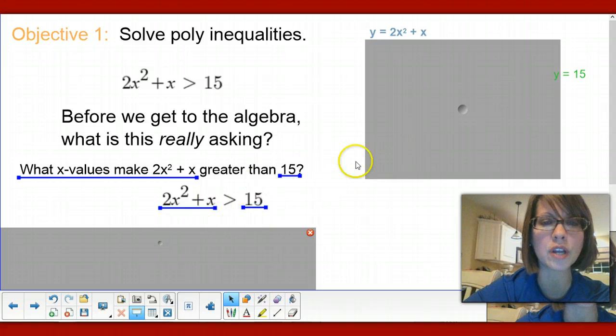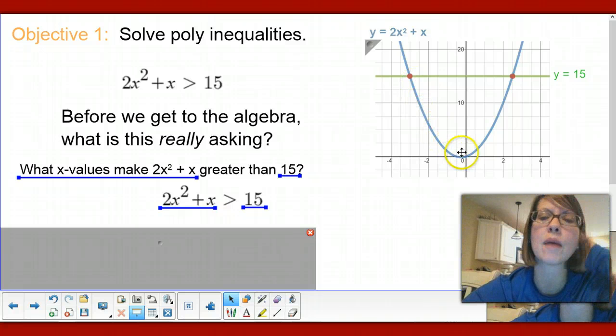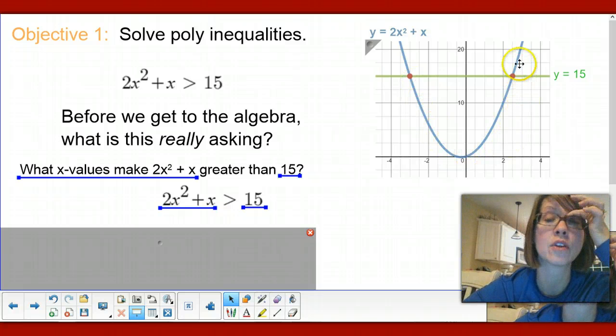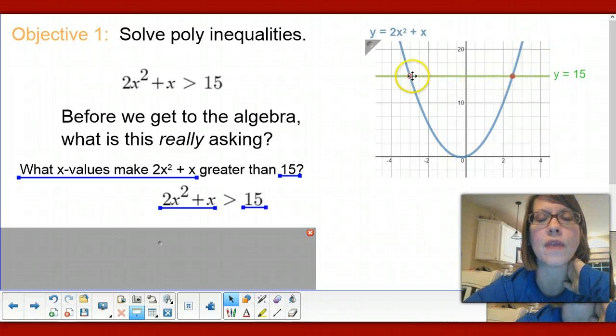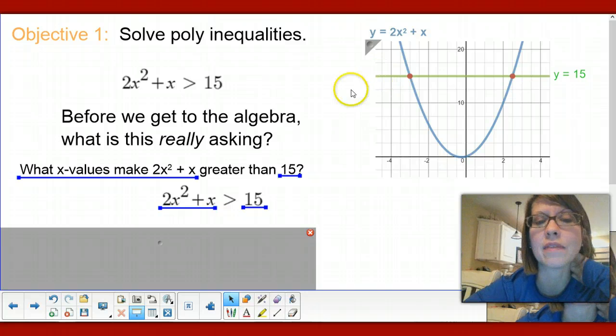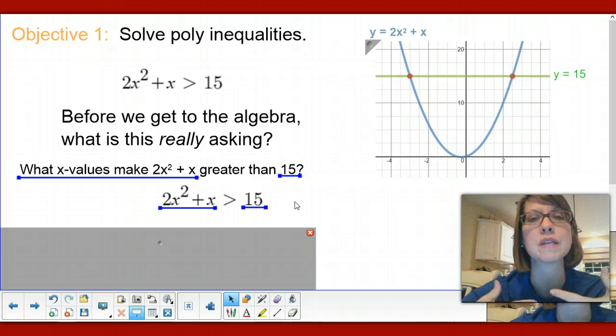We can look at a graph to help us see that. I have graphed in blue y equals 2x squared plus x, and what that parabola looks like. In green, I have graphed y equals 15. As far as what x values make it greater, greater in this case means above.